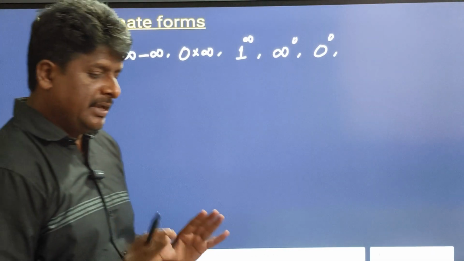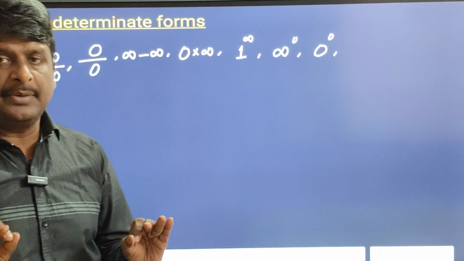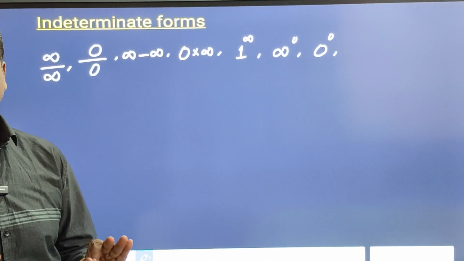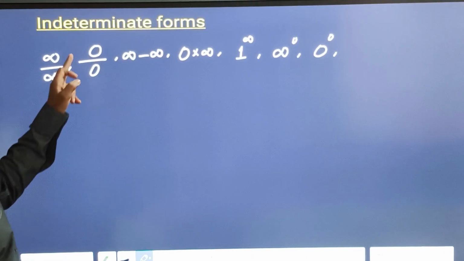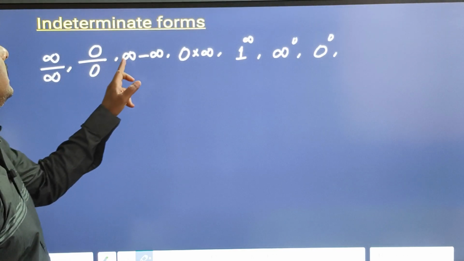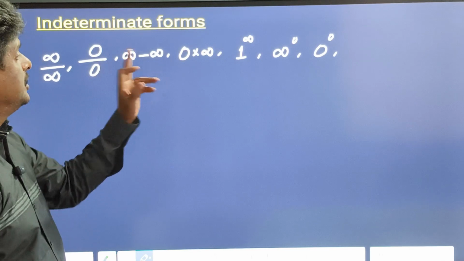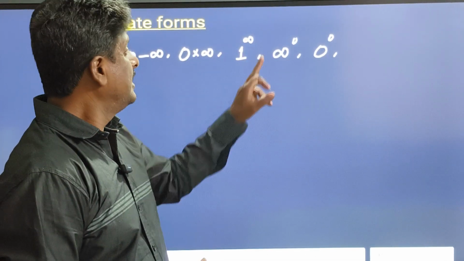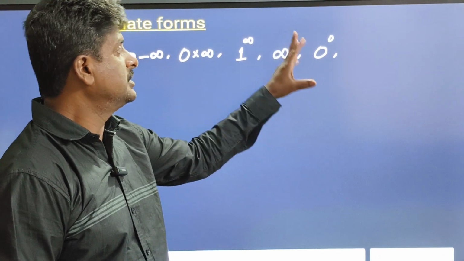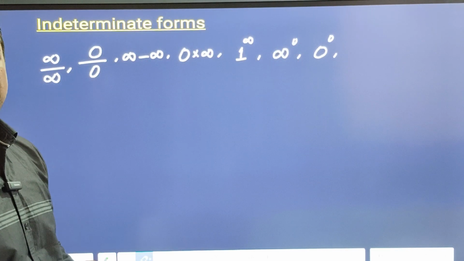See, there are 7 indeterminate forms in mathematics. They are infinity by infinity, 0 by 0, infinity minus infinity, 0 into infinity, 1 power infinity, infinity power 0, 0 power 0.